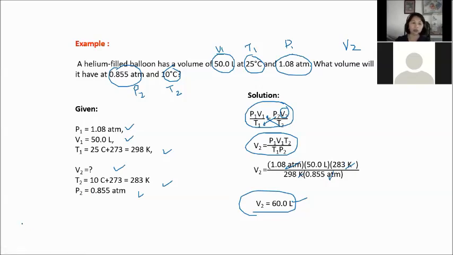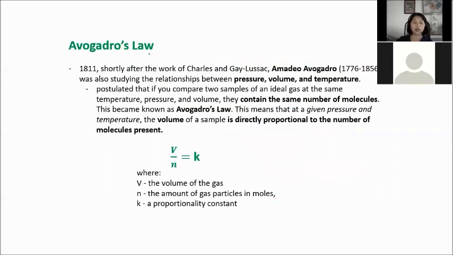So, I hope na na-follow ninyo ang concept. Let's move. Continue tayo. Avogadro's Law. So in 1811, shortly after the work of Charles and Gay-Lussac, Amedeo Avogadro was also studying the relationship between pressure, volume, and temperature. He postulated that if you compare two samples of an ideal gas at the same temperature, pressure, and volume, they contain the same number of molecules.